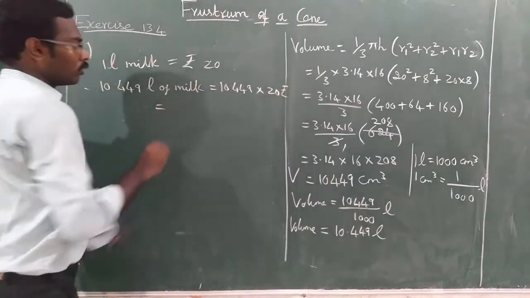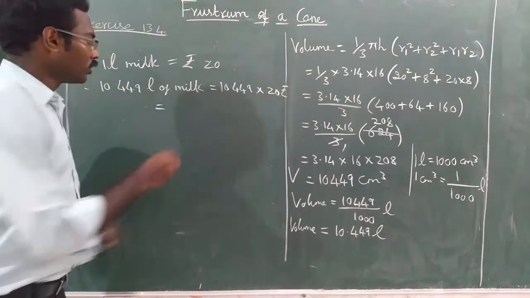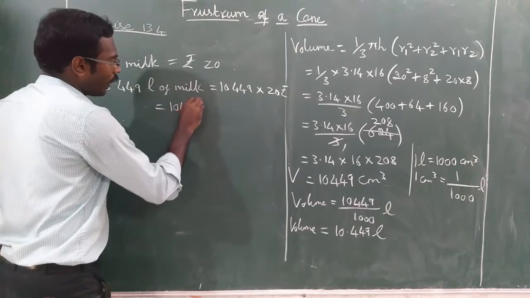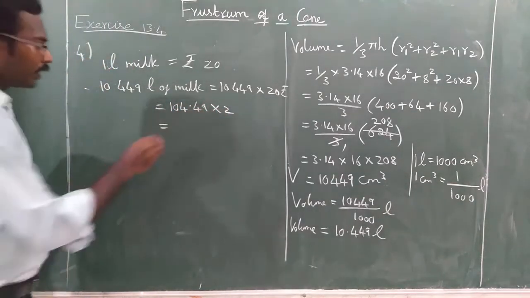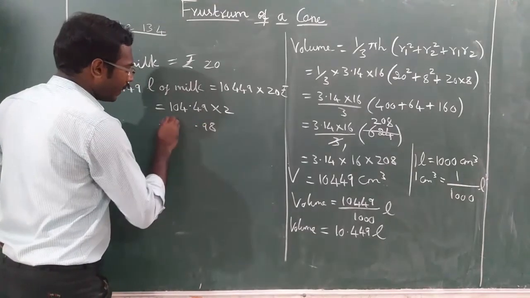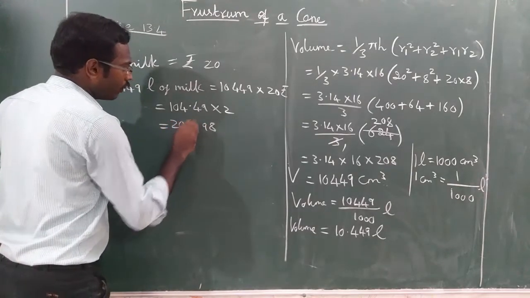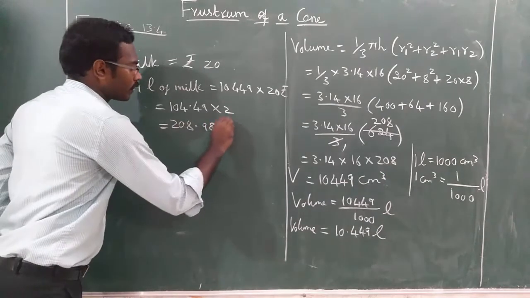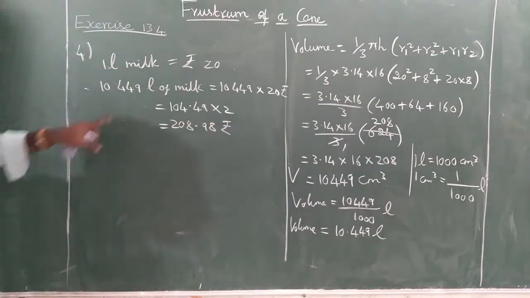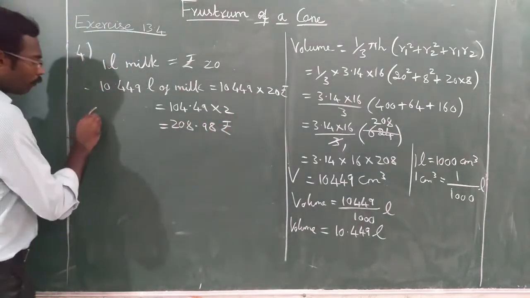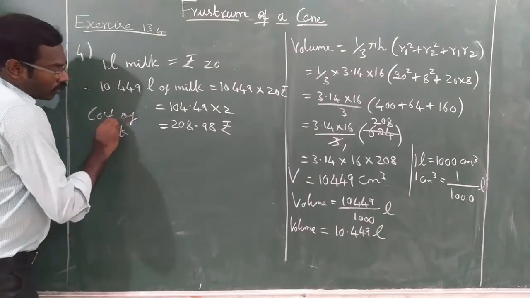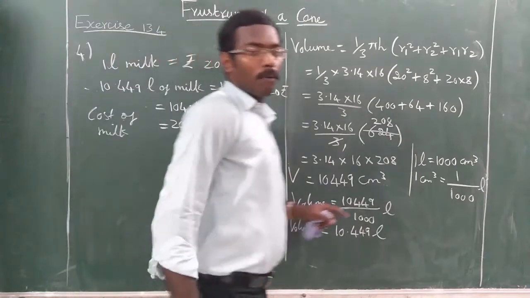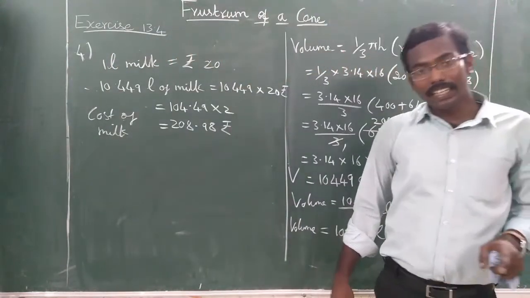That is equal to, so 1 zero is there, so you will get 104.49 into 2. When you multiply this, you will get 208.98. This is the cost of the milk. Understood? So the cost of milk is equal to 208.98. Is it clear or not?